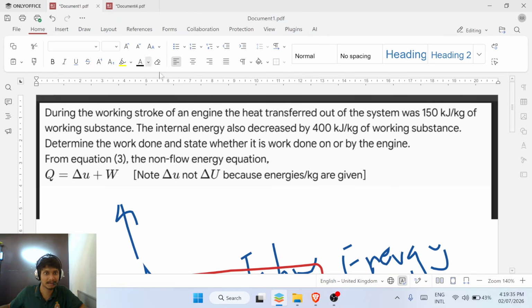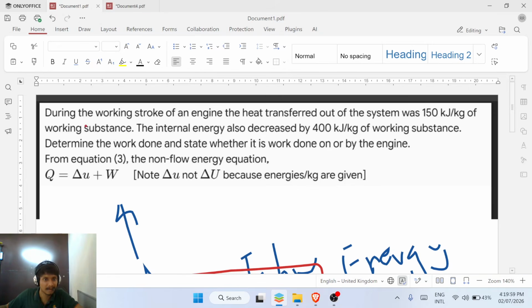We move to the question. I will not go deeply into extra knowledge. We just focus on our questions because we have very little time. That is the reason.